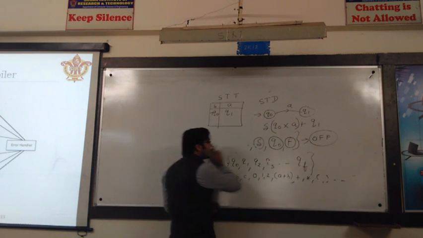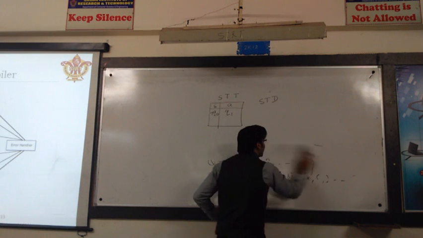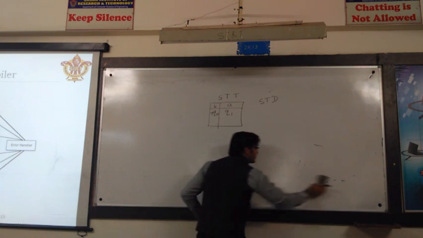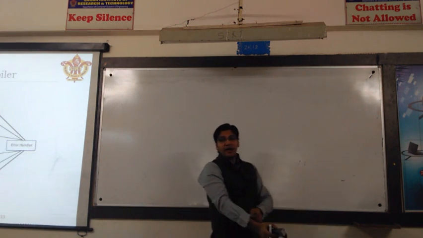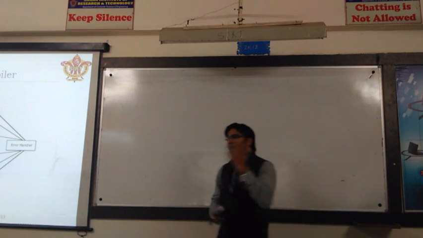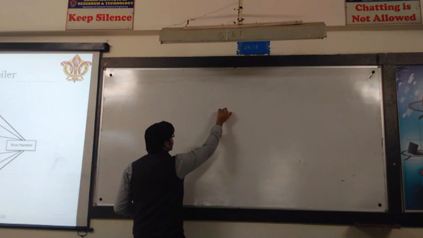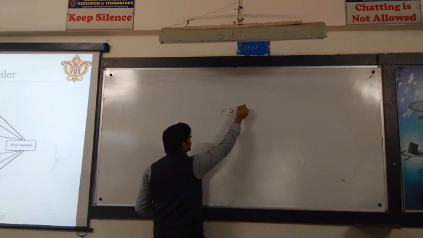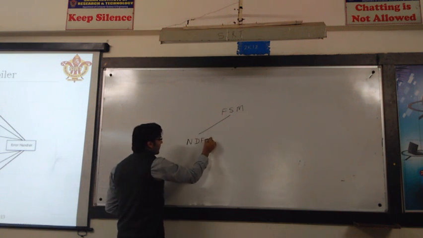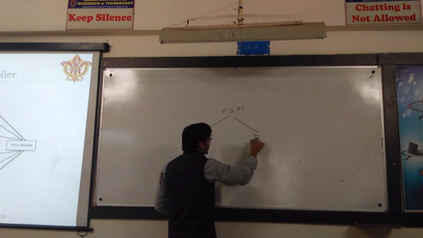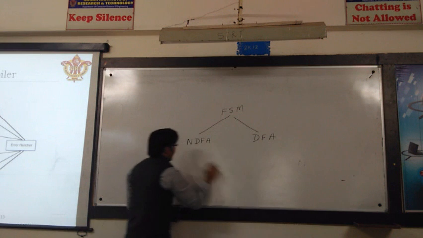Well, coming to the next part of the finite state machine, that is the classification. We can classify a finite state machine in 2 possible ways. A very common way is that a finite state machine can be NDFA and a finite state machine can be DFA.